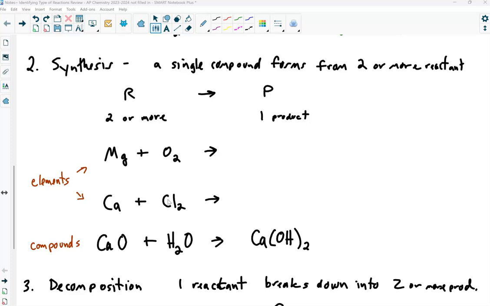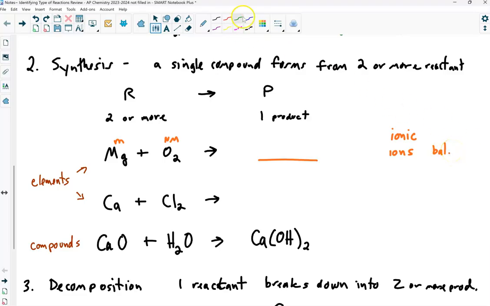So how would you predict the product? Well, for that you have to see who's reacting. Magnesium is a metal and oxygen is a nonmetal. If they bond, they would form an ionic compound. And then when you go to write the formula for this ionic compound, you have to write the ions, and then you have to balance the charges between those ions.